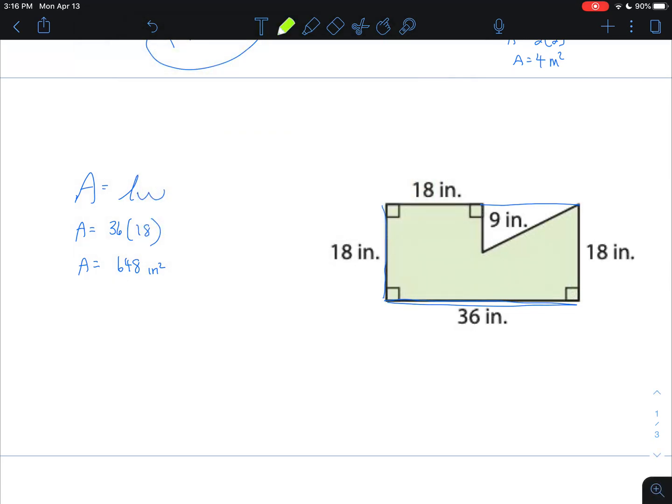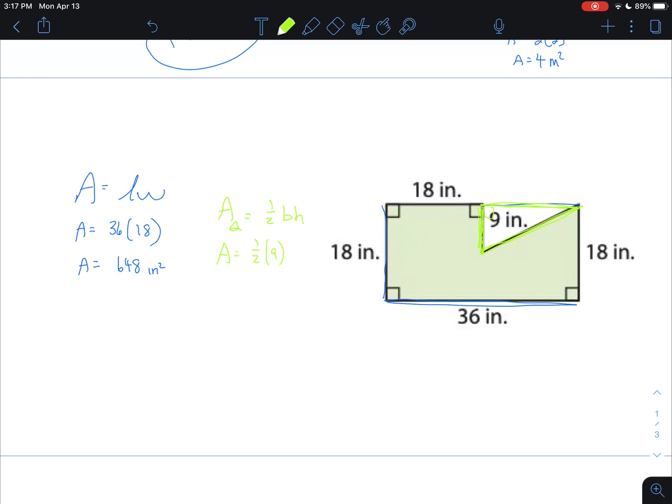So that's for the whole rectangle, but keep in mind, I need to figure out the area of this triangle, and I need to take it out of the rectangle because that's not actually there. So area of the triangle is 1/2 times the base times the height. They're super nice, and they actually give us the base already, which is 9.